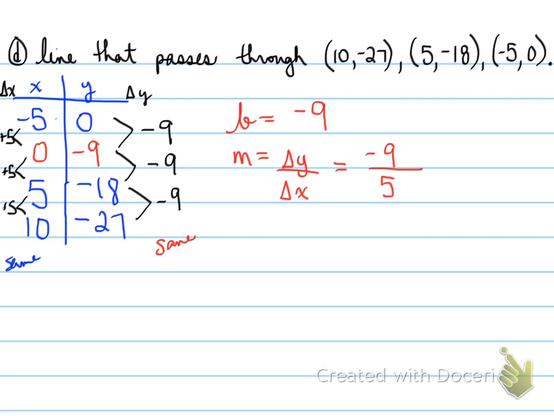What's delta x? +5. So, our equation is going to be y equals -9 over 5 x minus 9. That's right, plus -9, which means it'll be -9 as our final answer.